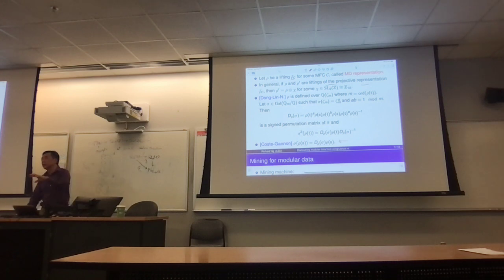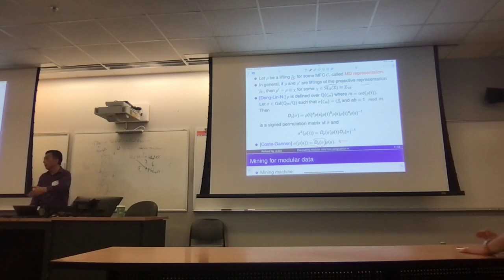If you apply the absolute Galois group to this matrix of algebraic integers, you only change it by a sign permutation matrix times the original representation. They knew it a long time ago, maybe in the 90s. What they did not know was that this actually has a formula.